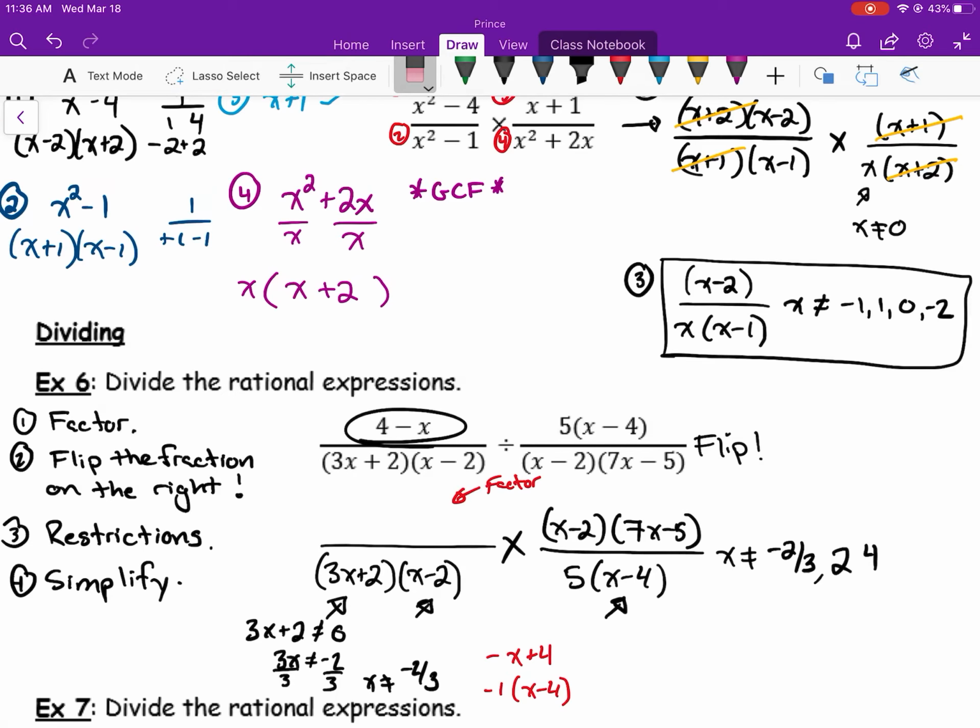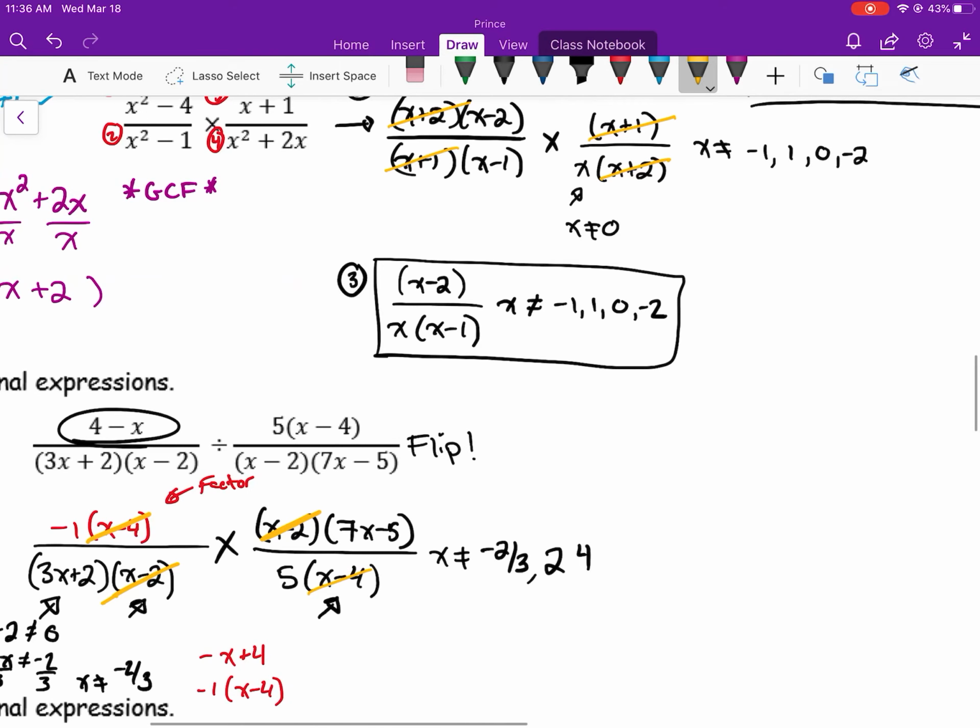So I'm going to erase that right now. And I'm going to change it to -1 times x - 4. Because hopefully we can cross stuff off now. So now let's simplify. X - 4, x - 4, x - 2. Top right, x - 2. And that is it.